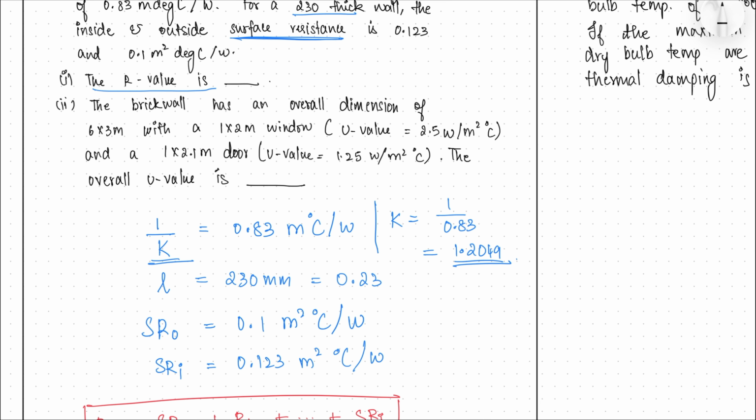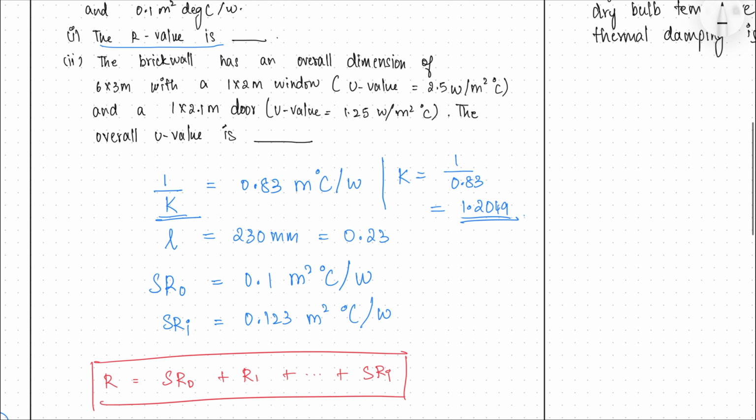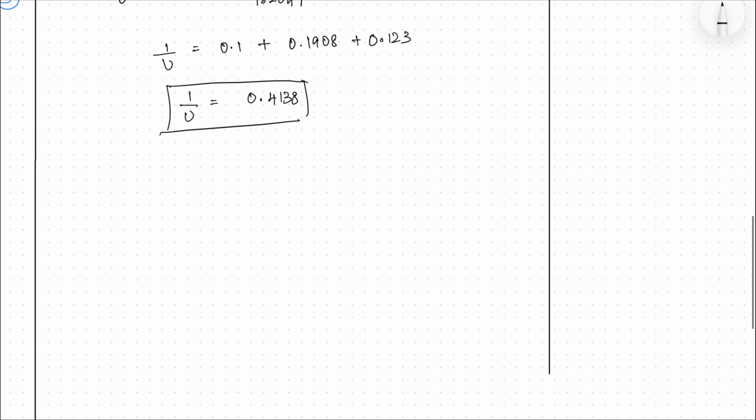Okay, they have given us the brick wall as an overall dimension of 6 into 3 meter with a 1 into 2 meter window, and they have given its U value, and a 1 into 2.1 meter door, and they have given its U value as well. They have asked us to find the overall U value. So this becomes our multi-surface question. So what does this mean?